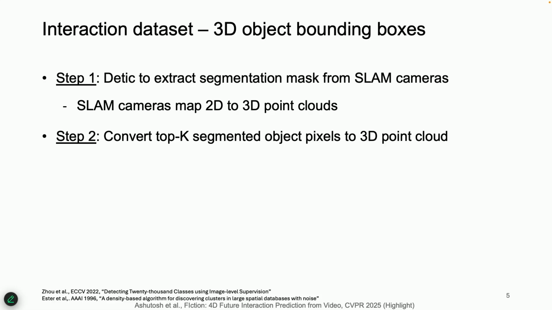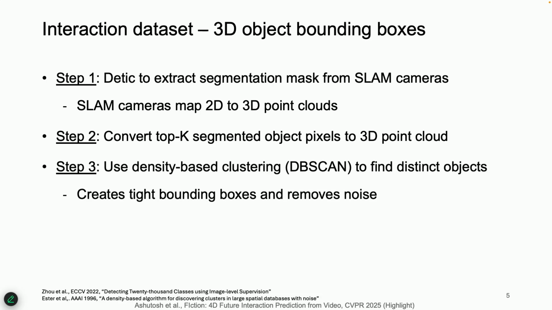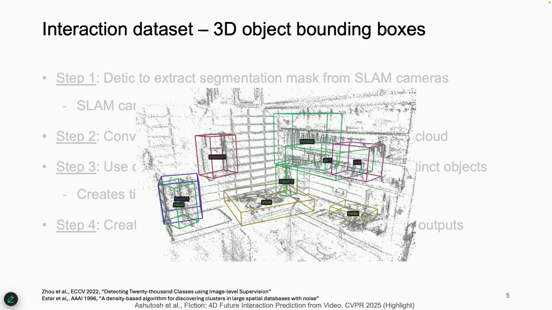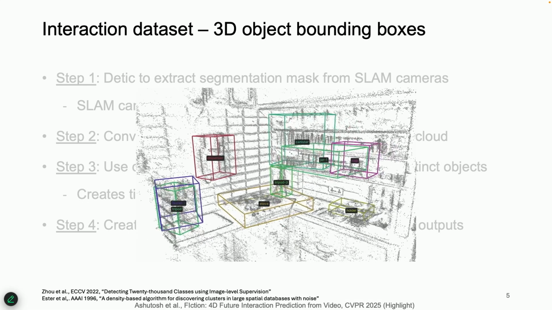Once we have those labeled point clouds, we convert the top K segmented objects to 3D point clouds, and then we use density-based clustering to find these distinct objects. The overall goal is to create tight bounding boxes and to remove noisy point cloud predictions. The final step is to create oriented bounding boxes from clustered outputs. This is how the overall bounding box looks in this environment.